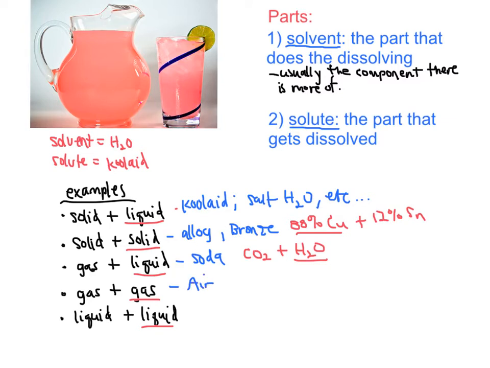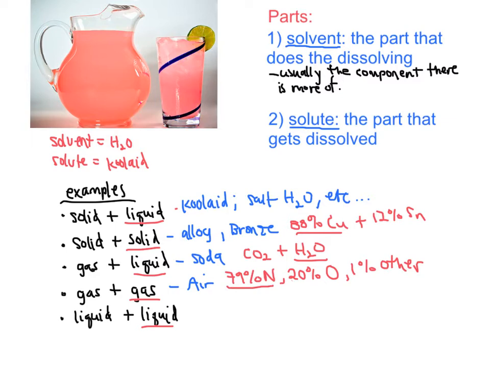Our air is about 79% nitrogen, and you have about 20% oxygen, and the remaining 1% is just other gases. And of course that makes the nitrogen the solvent because there's more of it.